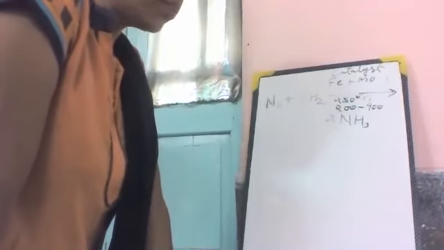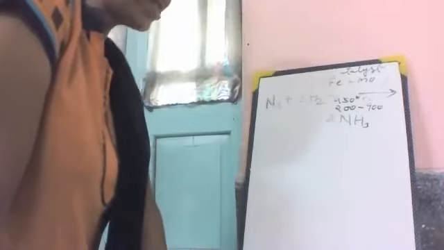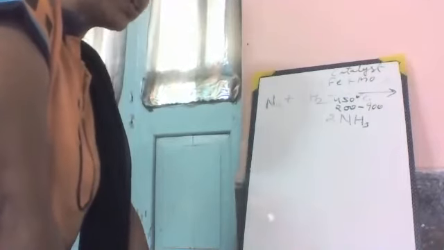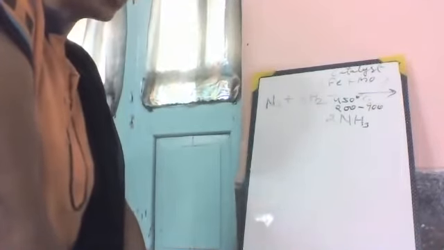Nitrogen reacts with hydrogen in the presence of catalyst Fe and promoter molybdenum. Molybdenum is a promoter, it means it starts the reaction at 450 degrees centigrade and 200 to 900 atmospheric pressure to produce ammonia.